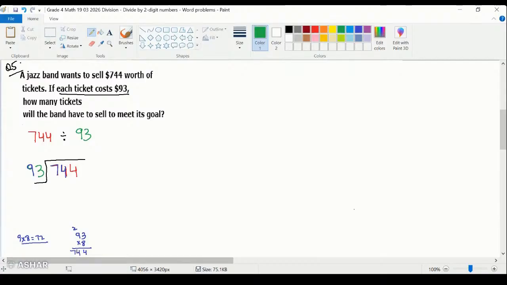That means 93 multiplied by 8 would give 744. We are left with zero remainder. How many tickets do they need to sell? They need to sell 8 tickets. Okay, do we agree?